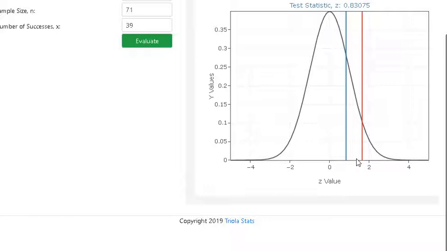The critical value is 1.64485. We've seen that a couple times. And this test statistic falls in the fail to reject region. So fail to reject. So it's pretty easy if you're doing it either way.